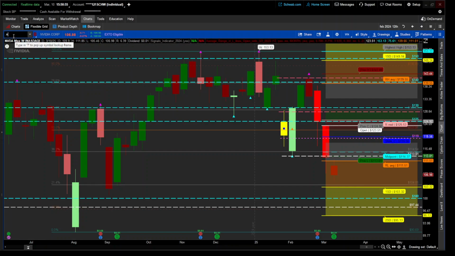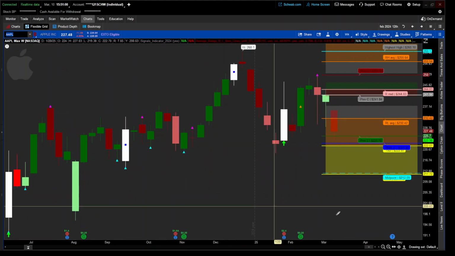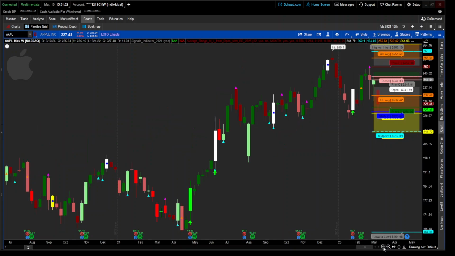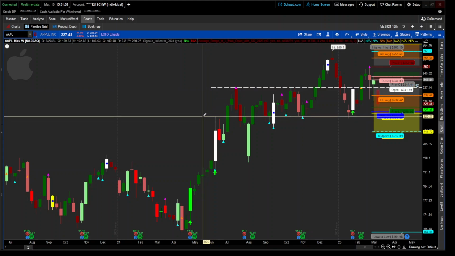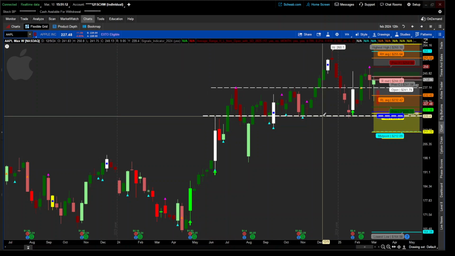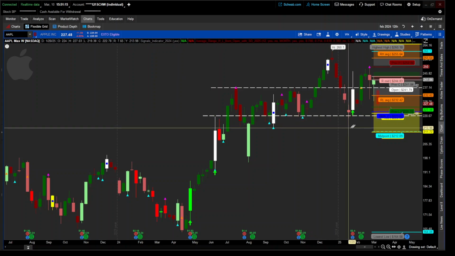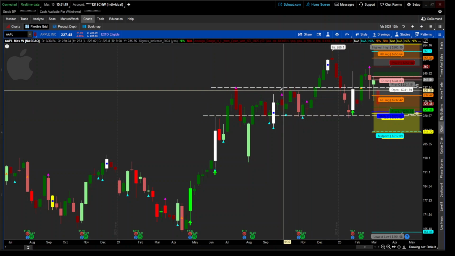So we'll go to Apple. I think all I got are old lines on Apple. I don't have any lines on Apple. So possibly within this range right here, I could push that range down a little lower, but this is what Apple is right now.